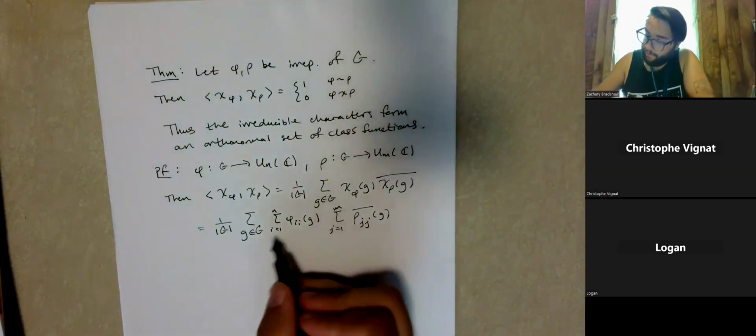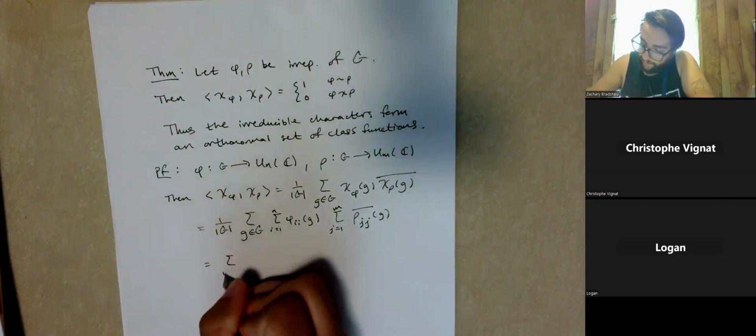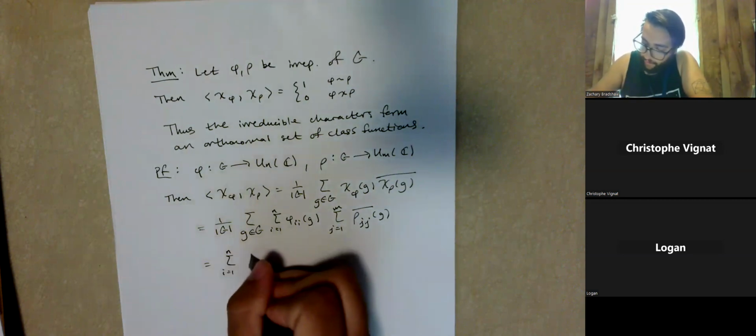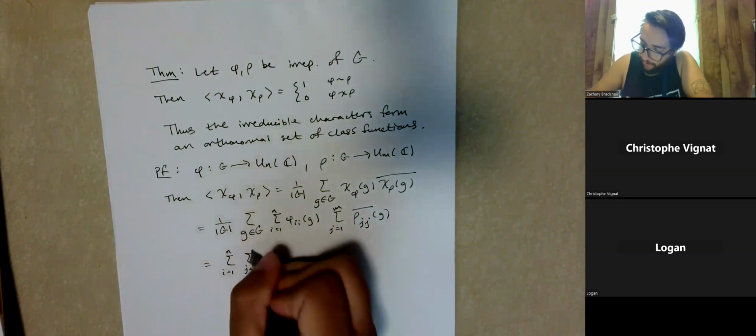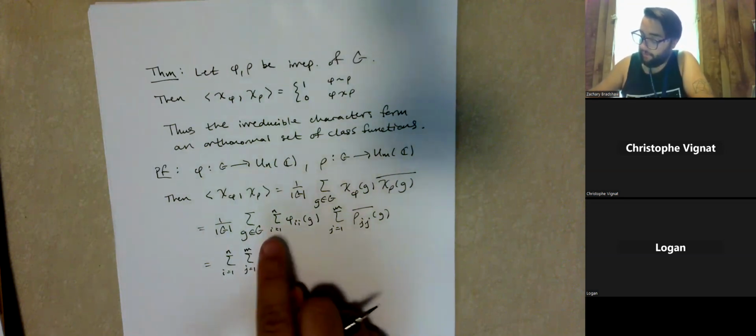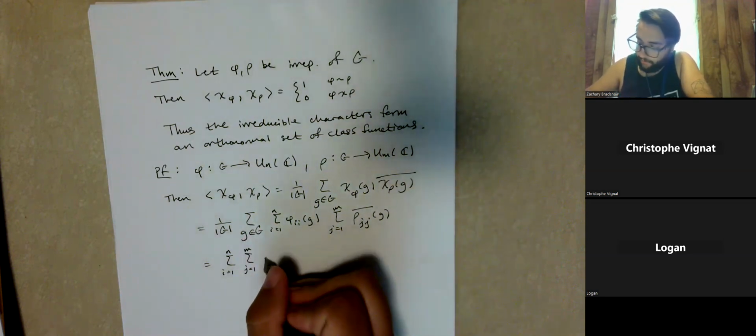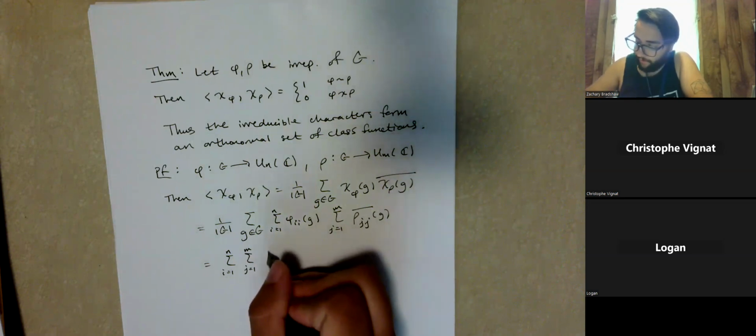And now I'm going to pull these two sums out to the left. So we'll get the sum from i equals 1 to n. No issues here because we assume our group is finite. We assume the group is finite, so no issues with convergence here. We can always pull these things away from each other.